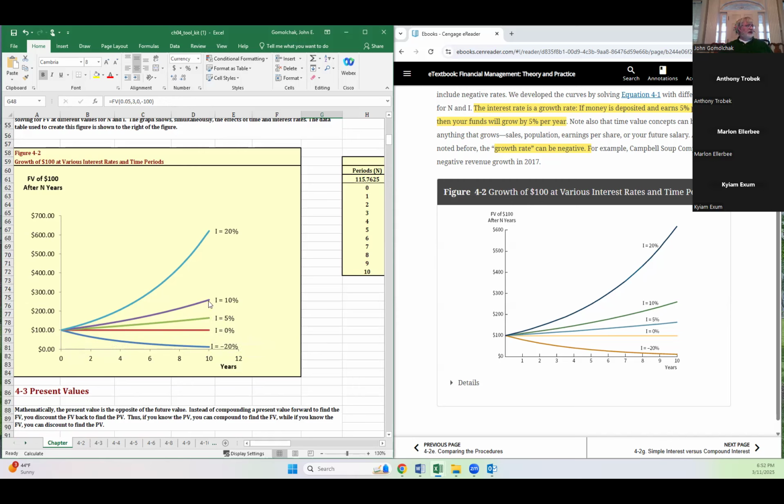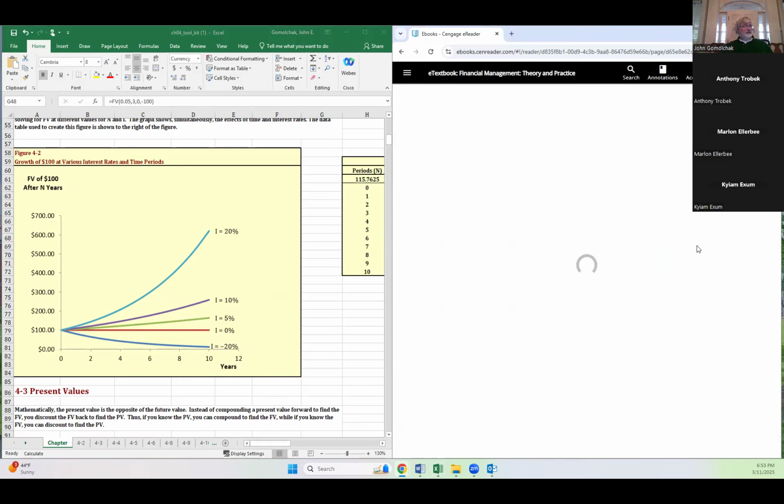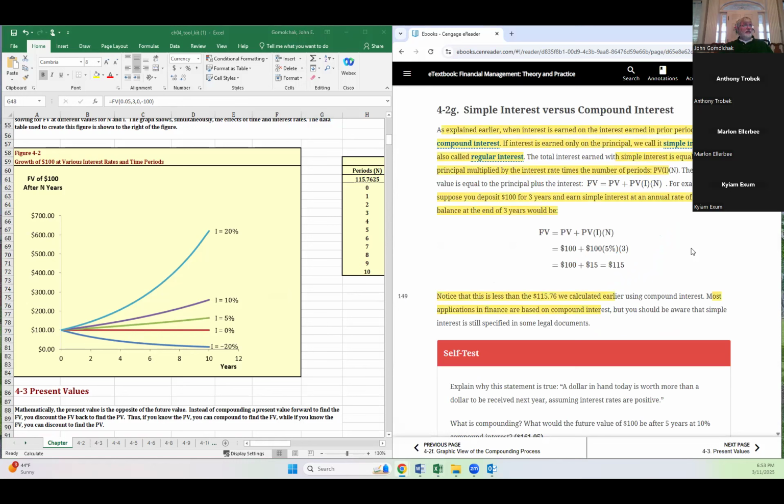At 10%, you can see that we have it going above that. At 20%, we can see a curve that's going up quite dramatically better than any of the others, which is what you would expect, right? You would expect to see significantly better return than 10% because that's twice the value. So you can take a look at those. That's just a graphic representation of what we just did.